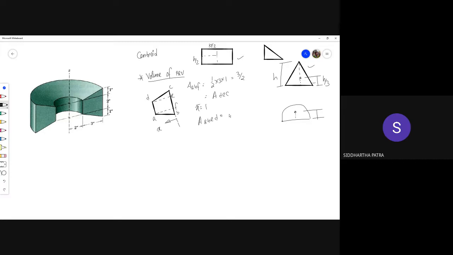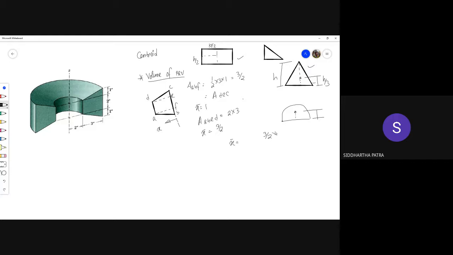The area is 2 times 3, and x bar is 3 by 2 as measured from this side. So you can determine the overall location of the centroid using the compound geometry.